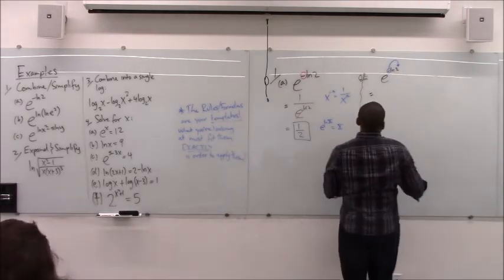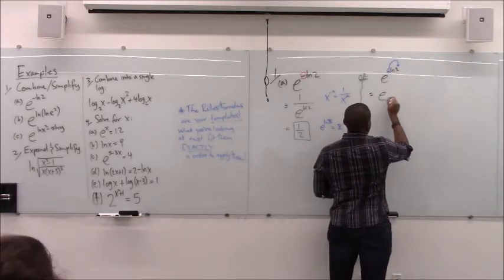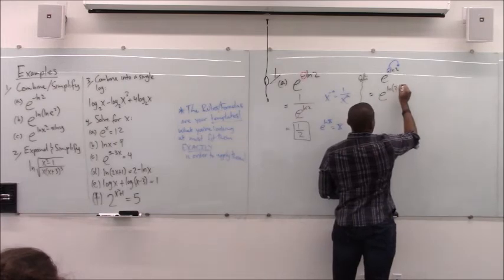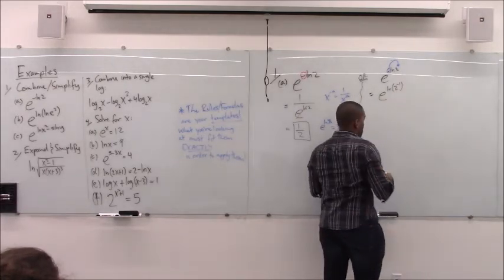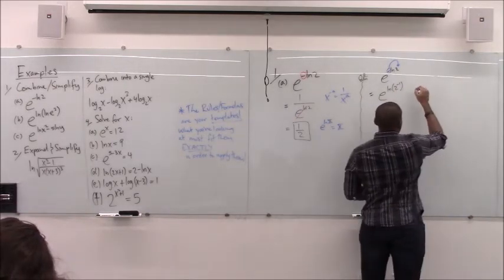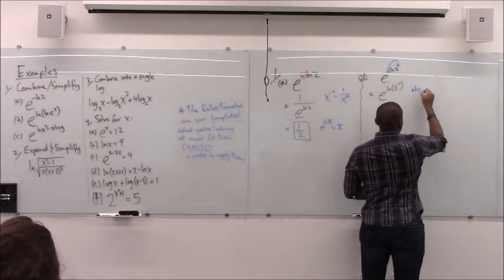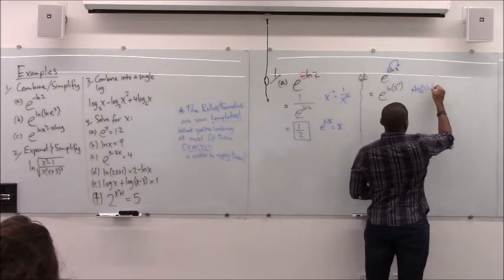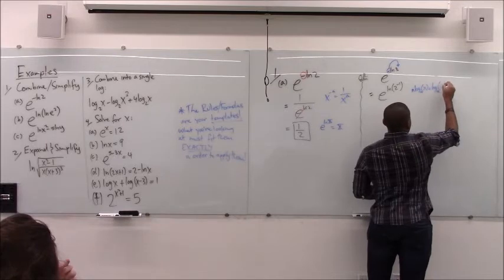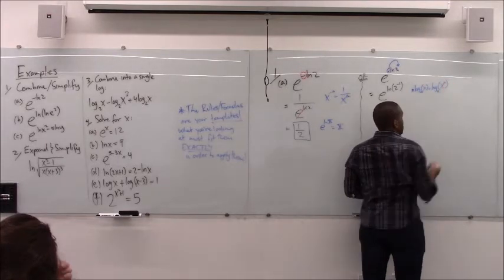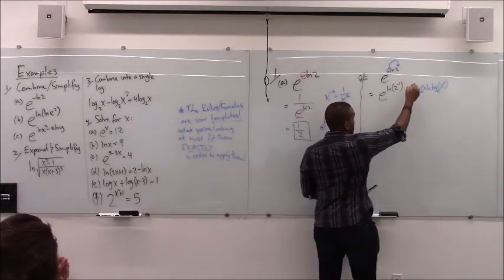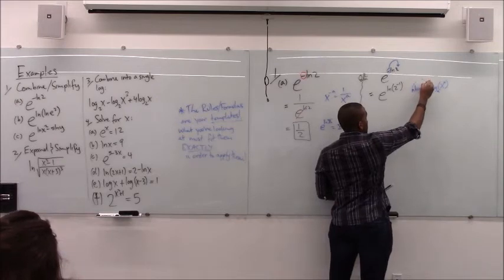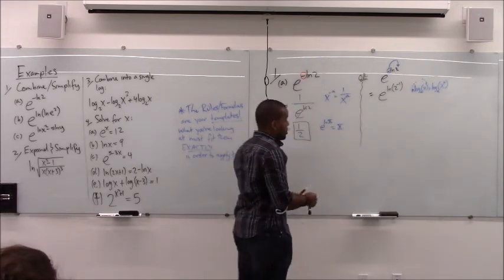So there's a -1 in front technically, so I can rewrite this as e to the ln of 2 to the minus 1. Why can I do that? Because there's a rule that says if there's something in front of a logarithm, I can move that thing up and put it as the power of the thing being logged. Right? I'm allowed to do this.